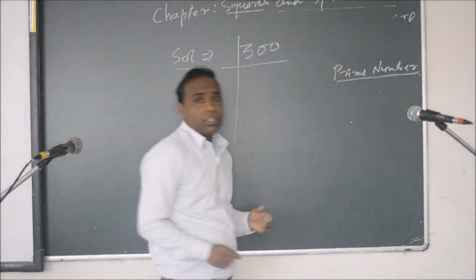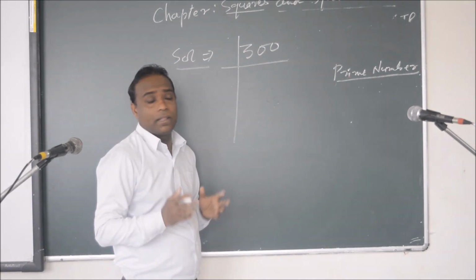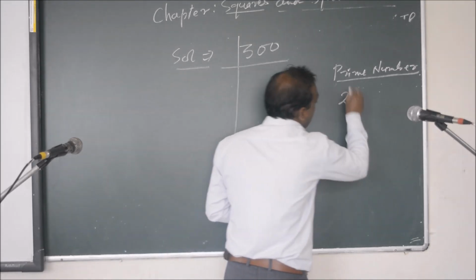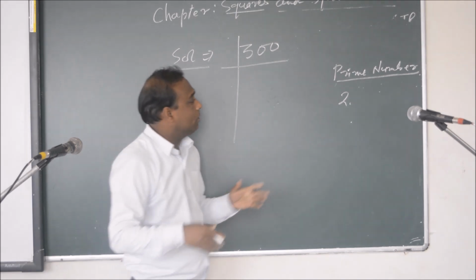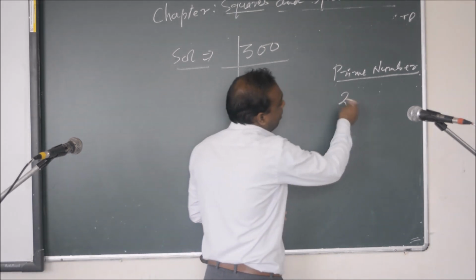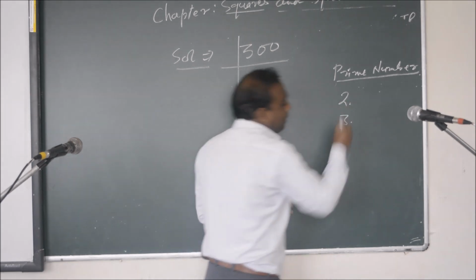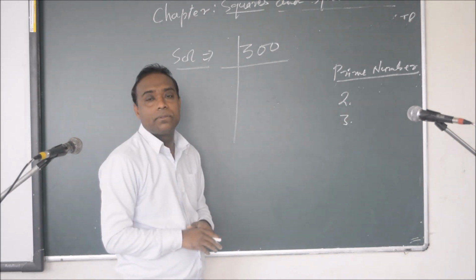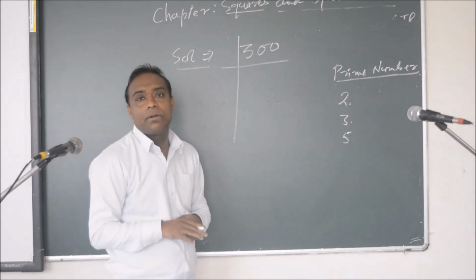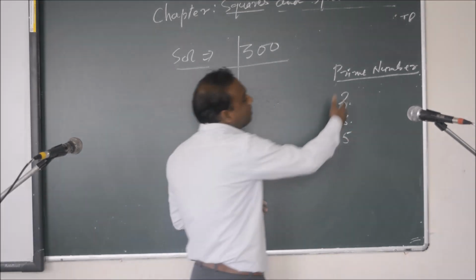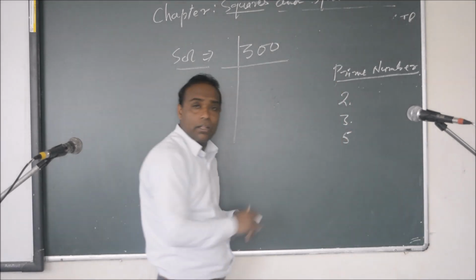The numbers which are the factors, like 2 is a prime number because 2 has only 1 and itself as factors. 3 is also a prime number. 5 is also a prime number. These numbers do not have a factor other than 1 and the number itself.